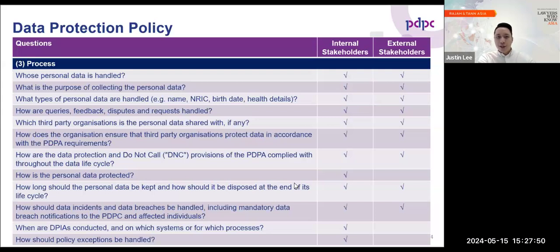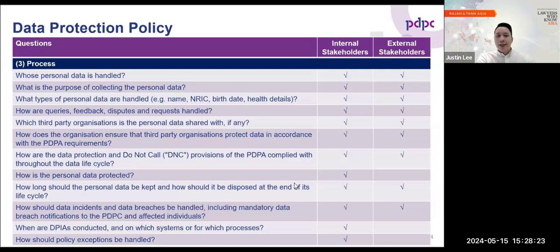No matter how robust your data security is, no matter how much or how little personal data you handle, every organization is vulnerable to some extent to a data breach. So it's very important to have this process set out in advance, very clear and explicit. How should data breaches be handled? Who's responsible for assessing whether the PDPC needs to be notified? What is the appropriate step to remedy or mitigate the impact of the breach?